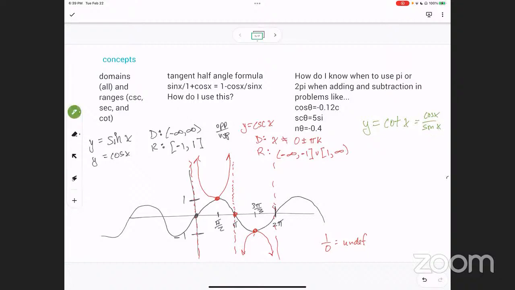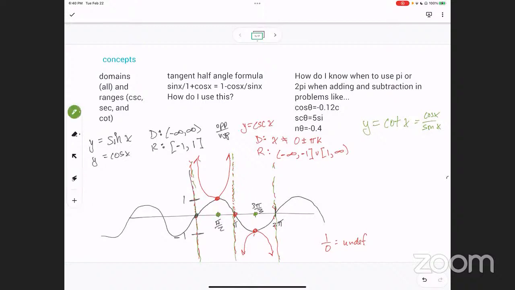So once again, we have asymptotes the same way. For the cotangent graph, wherever the sine is undefined, there's an asymptote there. Now the graph itself is going to go through wherever the sine is 0. It's going to go through that center point right in between the asymptotes, and it's going to go like this.